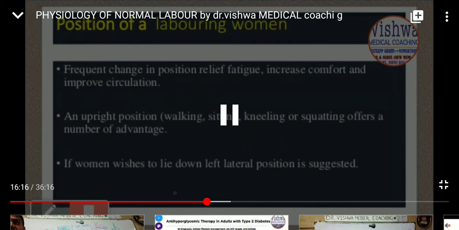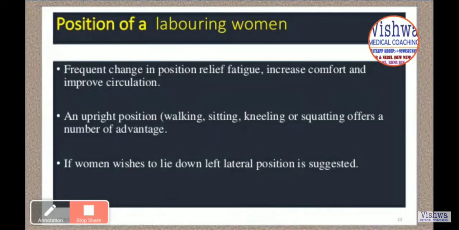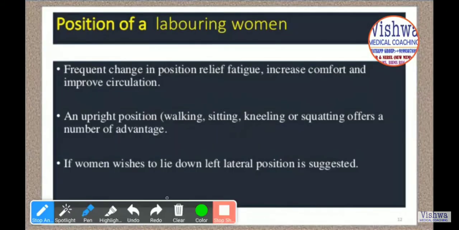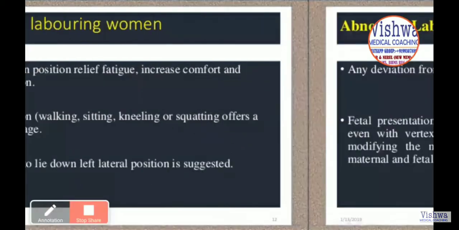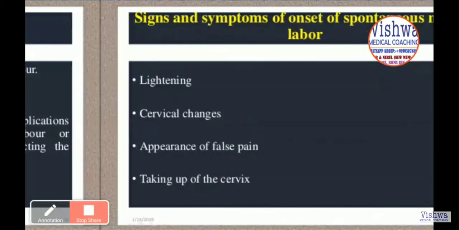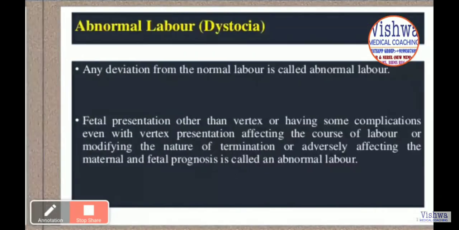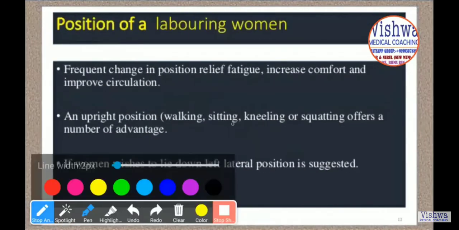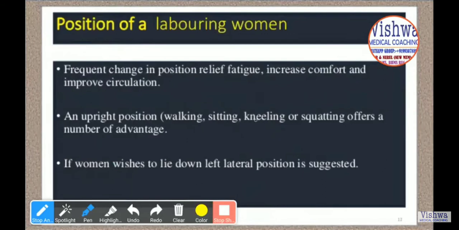Also, what should be the position of the mother during labor? Remember, there are various theories, and various institutes have different positions, but the most frequent position is the lithotomy position. Let me show you the picture. In the lithotomy position, the patient is lying in a supine position and the legs are hung in leg rests.